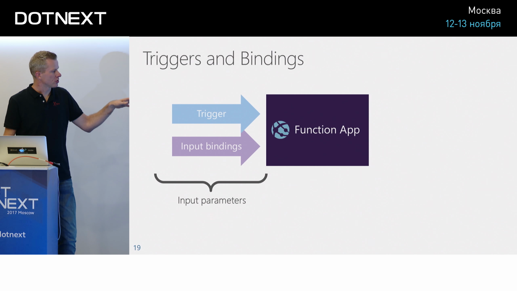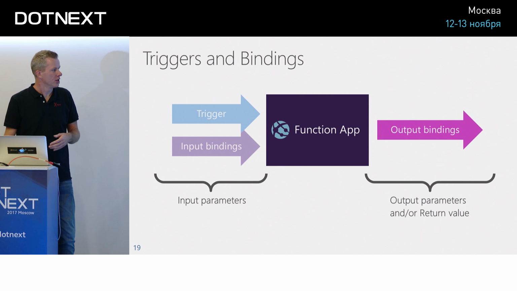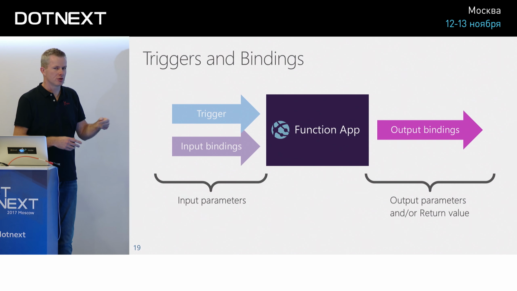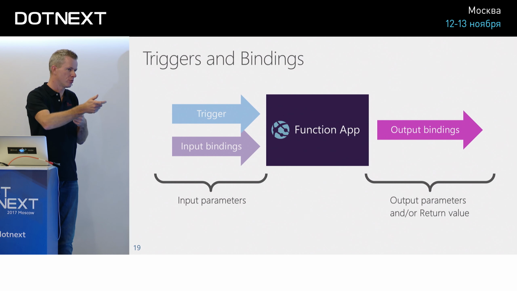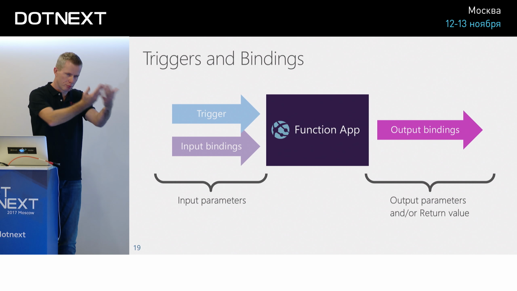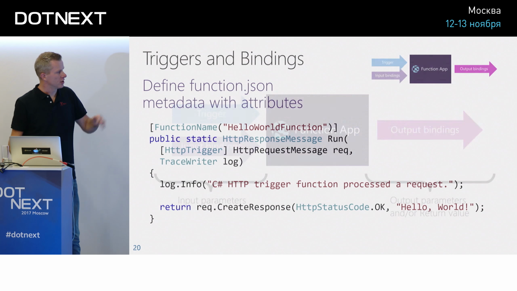Those will appear in your function as input parameters. And for the output, there are two scenarios. You can have the return value like we saw in the HTTP, but you can also have output going to blob storage or Azure Table Storage. So there are multiple outputs for you to produce the things that you need in your function. This is the high-level overview.